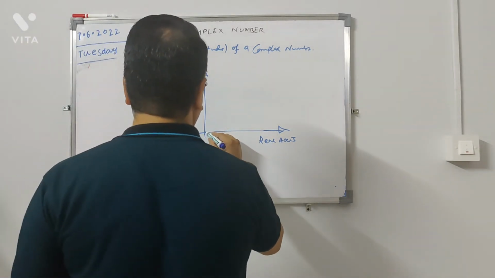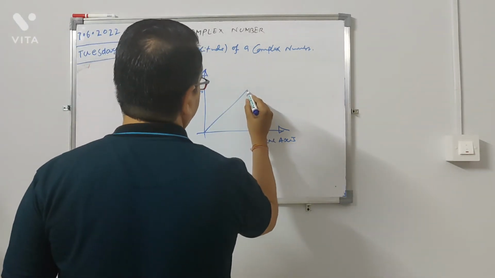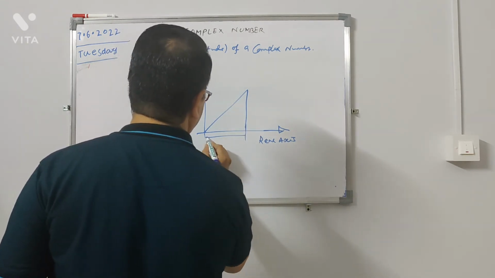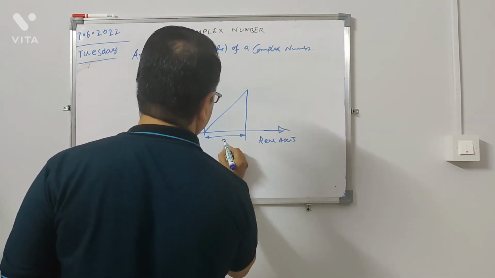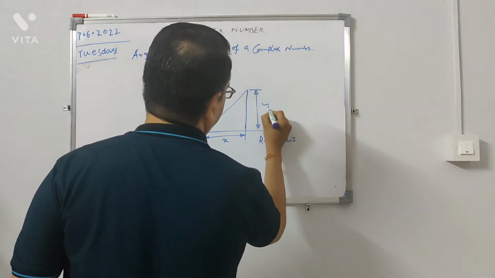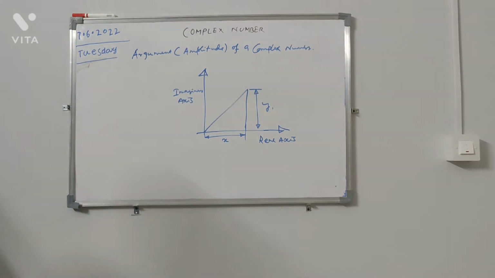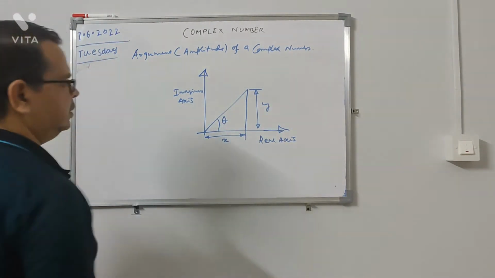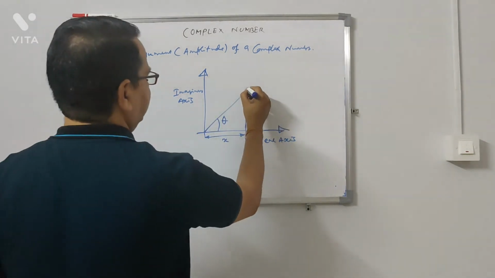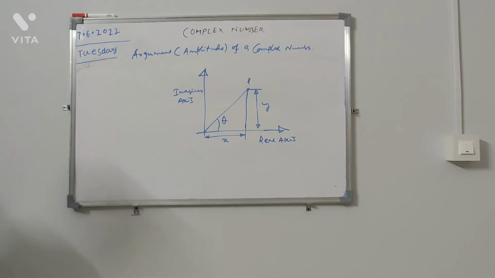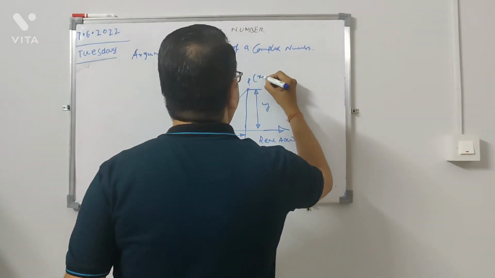So this is x, and this is y, the imaginary component. This is the point P, which has coordinates x and y.